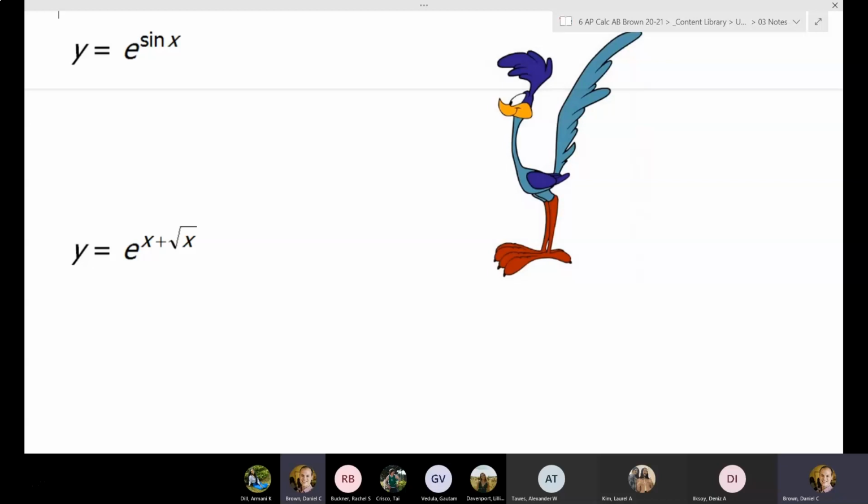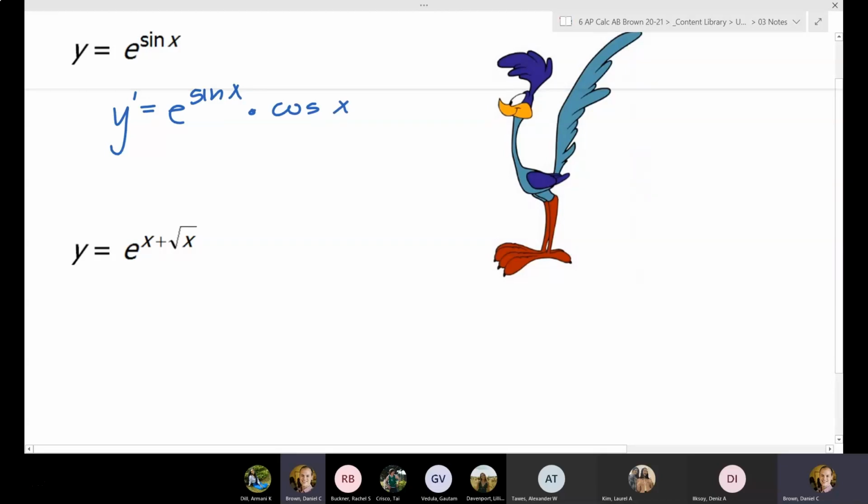Whenever you see a function that is e raised to anything, automatically go ahead and write down exactly what you see, and then don't forget about the chain rule: multiply it by the derivative of the exponent. The derivative of sine of x is going to give us cosine of x. Same thing for this second one.